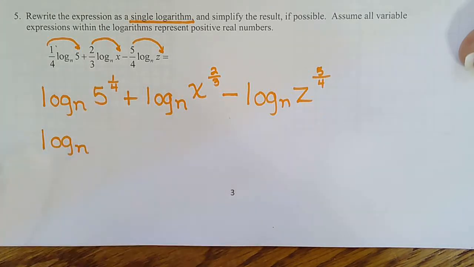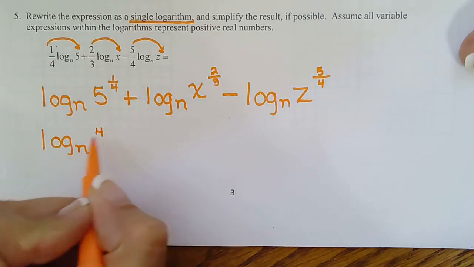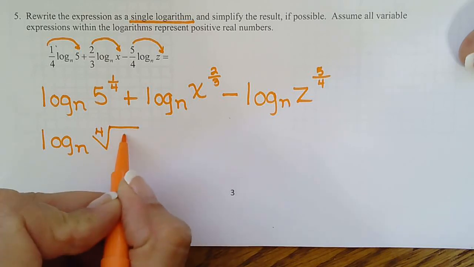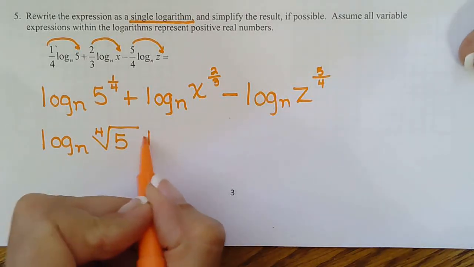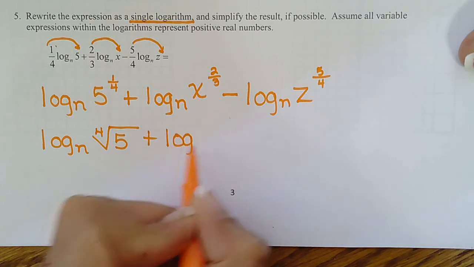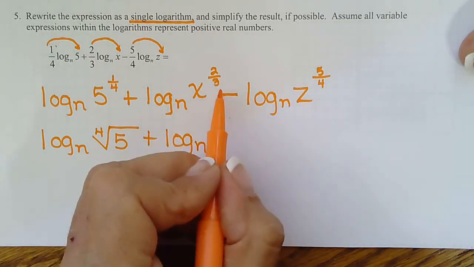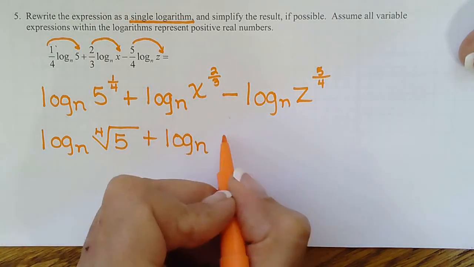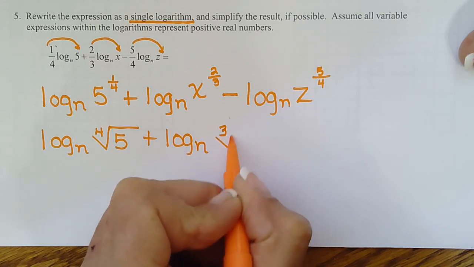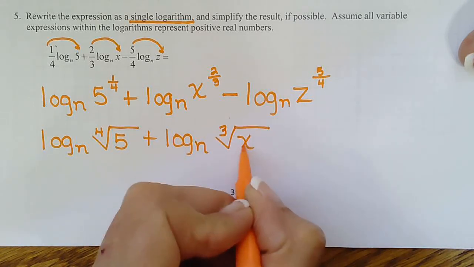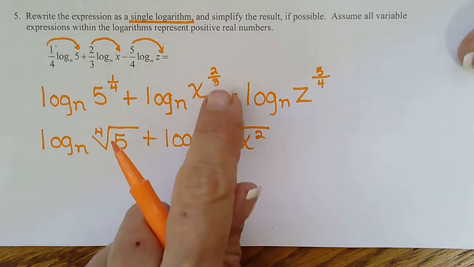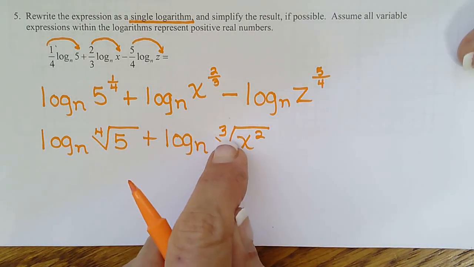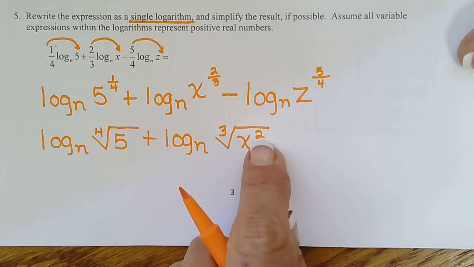The denominator is the index, so it's the 4th root of 5 to the 1st, which is just the 4th root of 5, plus log base n. The index is always the denominator, so it's the cube root of x squared. So far, so good. So the denominator becomes the index, the numerator is the power.